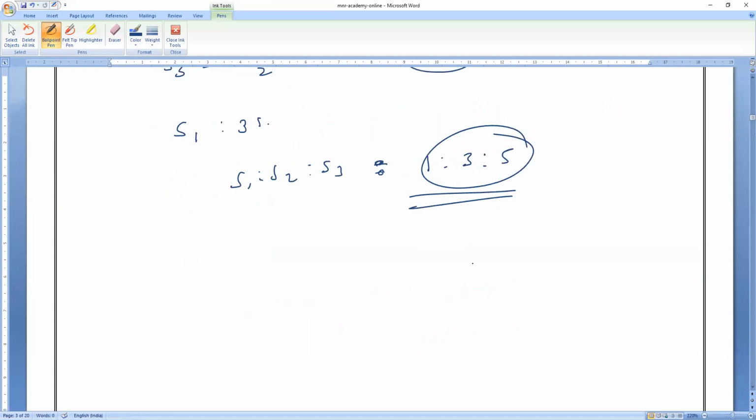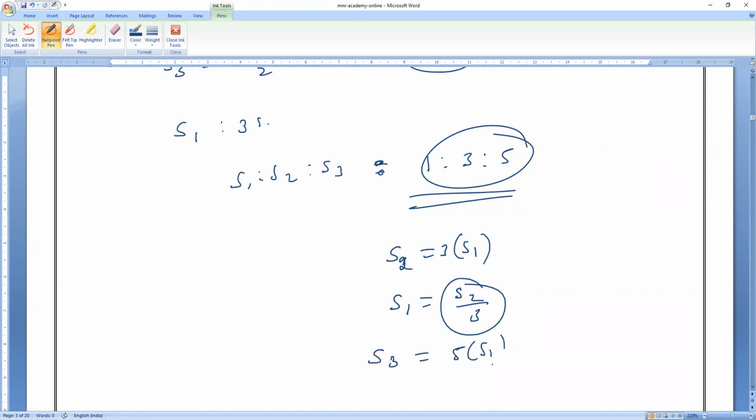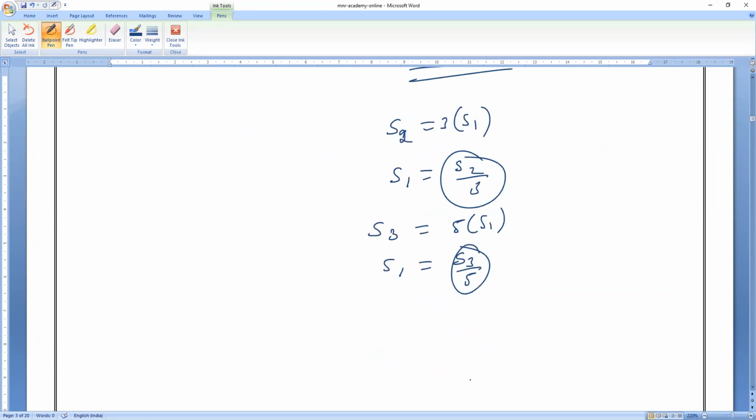Now if you observe the options, let us verify. Is there any option like that? We'll check it. S2 is equals to 3 times S1, so S1 is equals to S2 by 3. Same way, S3 is equals to 5 times S1, so S1 is equals to S3 divided by 5.